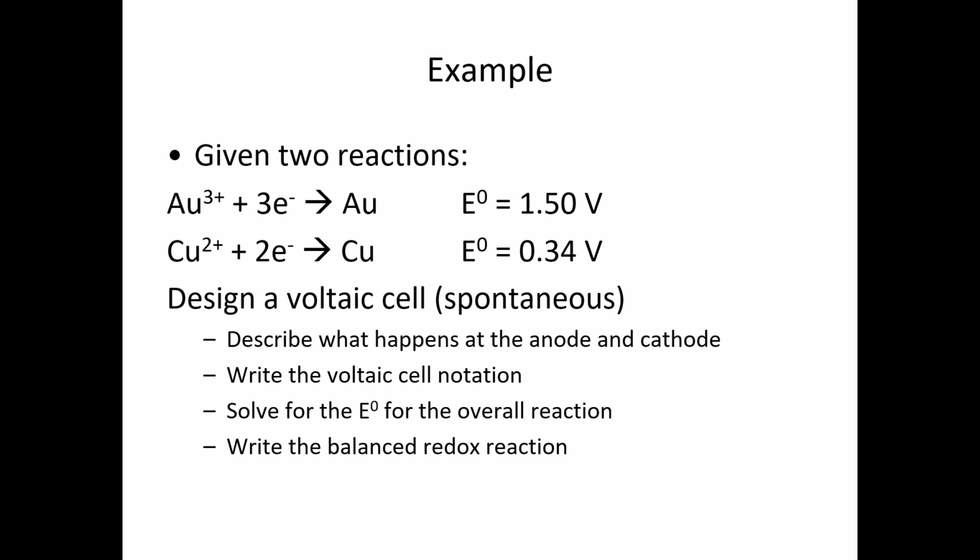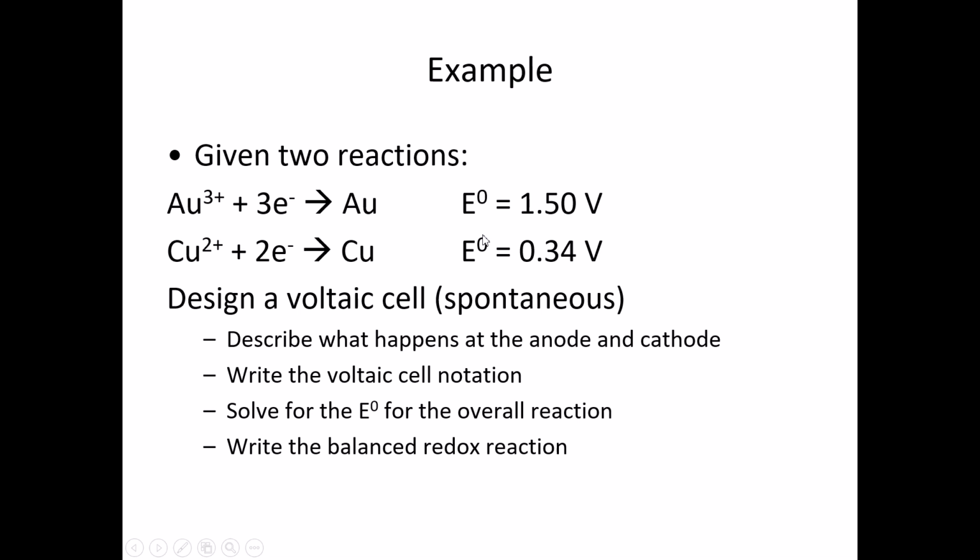So we need to pick the one that is most likely to be reduced to act as our cathode. So we're going to pick the larger value. In this case, it's the gold. The gold is more likely to be reduced. It's more spontaneous as a reduction. So we're going to keep that one. And we're going to flip the copper as the oxidation.